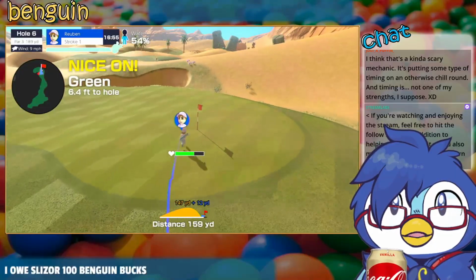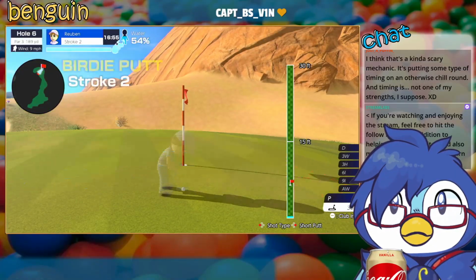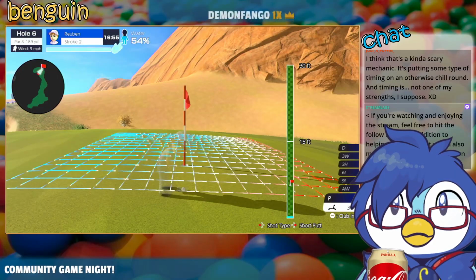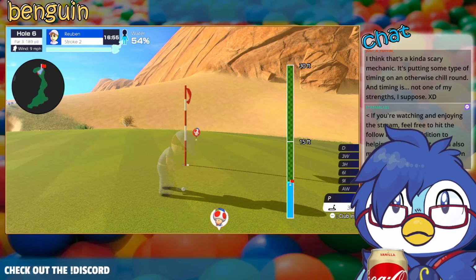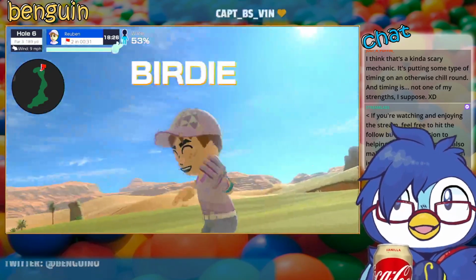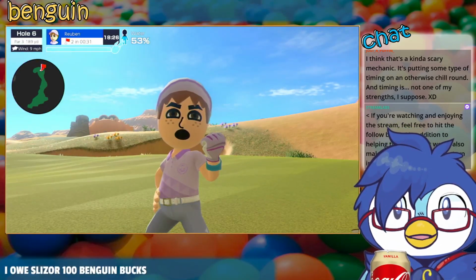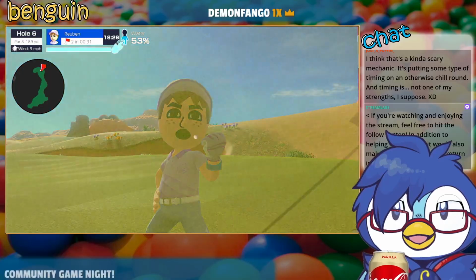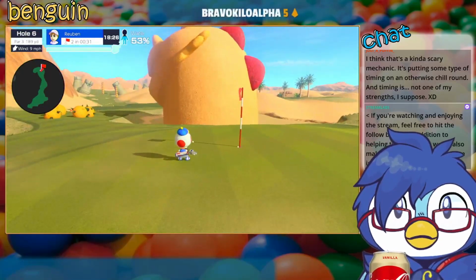Oh, nice, my ball's right there. Come on. Birdie. Okay, nice. It's in. It was looking a little bit scary there. Didn't look like it was gonna go in for a second.